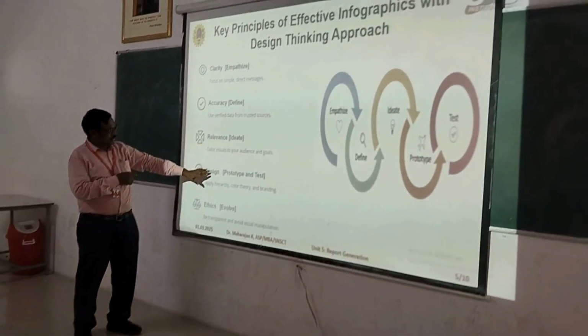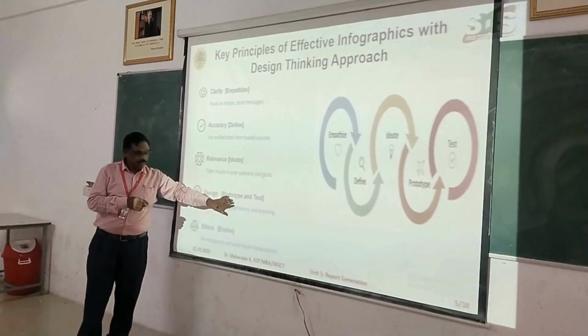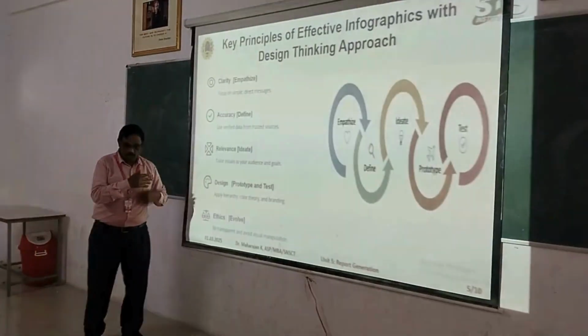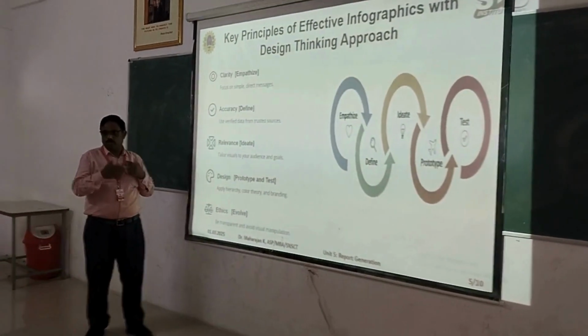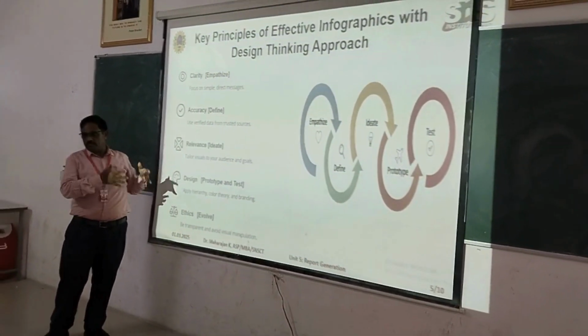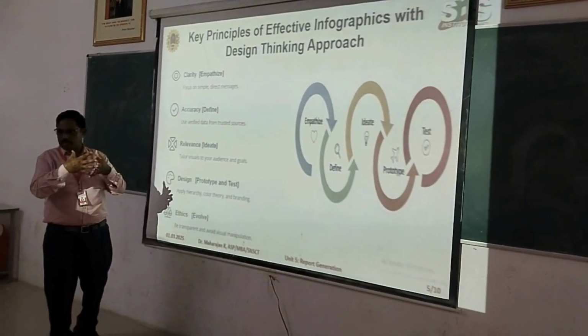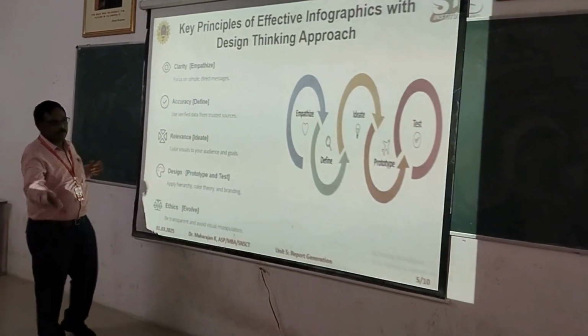The fourth principle of design is basically prototype and testing. And fifth, we have to evolve. We have to see whether what we are doing is right or wrong. That is something like ethics. This is what I did that is innovative. I have superimposed two models and brought one model.